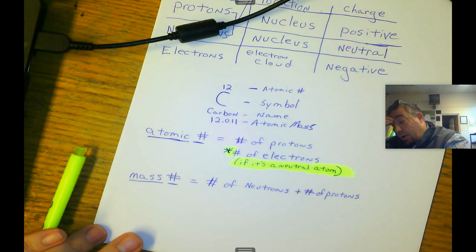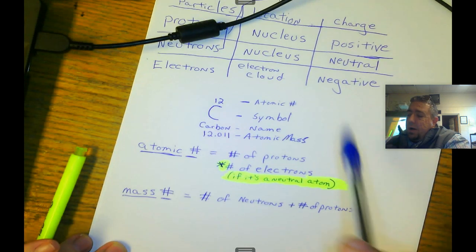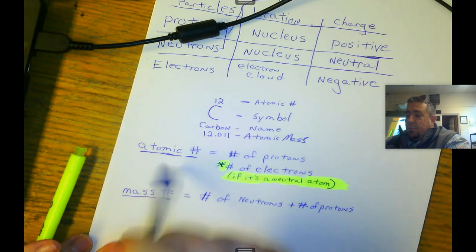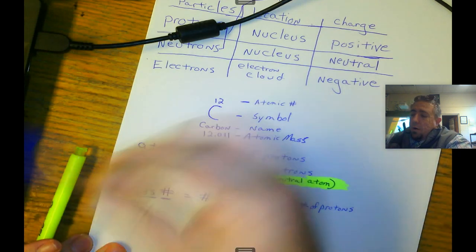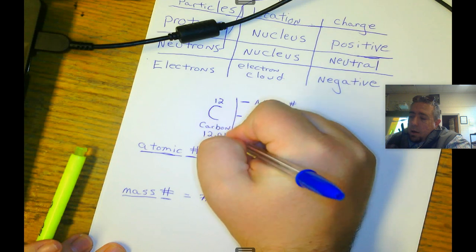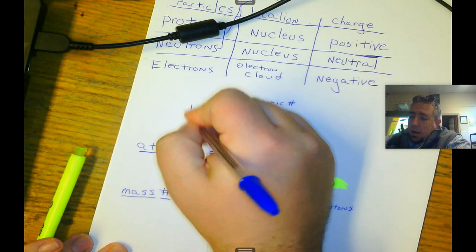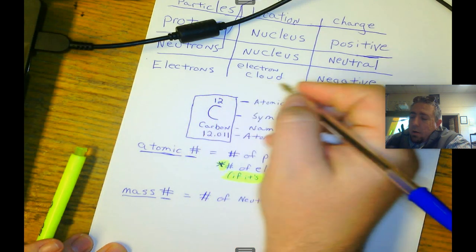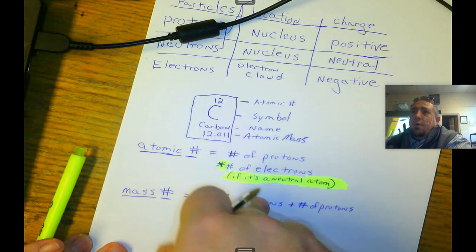Okay, so we know how to find the number of protons and electrons. We can find those from the atomic number from the element key on the periodic table. But how are we going to find the number of neutrons?